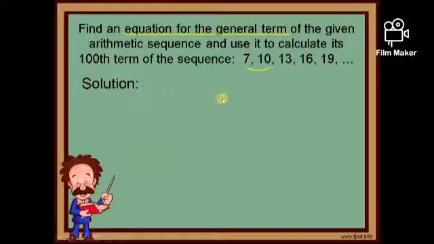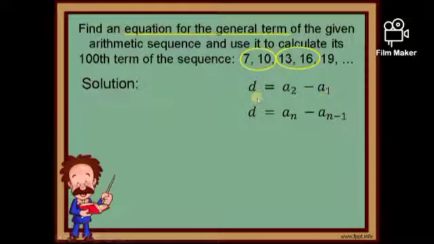Solution. First, we need to find the common difference by subtracting the first term from the second term. Also, we can do this by subtracting 13 from 16, or the fourth term minus the third term, and so on and so forth. Usually, the common difference can be computed using a sub 2, the second term, minus our first term.